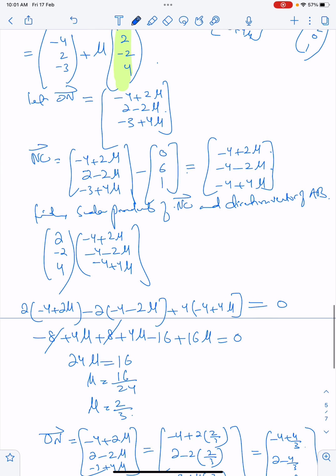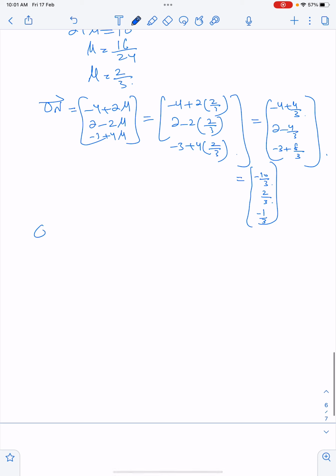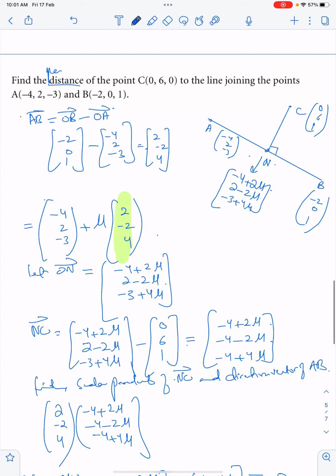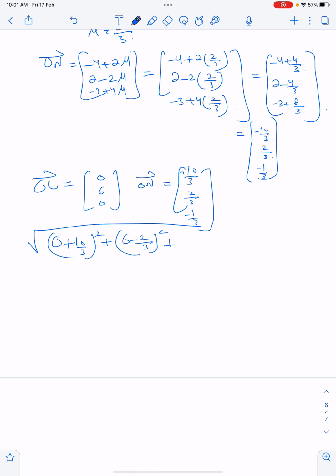Okay, so this is ON now. I have OC and ON both. I can apply the formula of distance. OC is given to me as (0, 6, 0). Okay, let's apply the formula of distance. 0 plus 10 upon 3, the whole square, plus 6 minus 2 upon 3, the whole square, plus 0 minus -1 upon 3, that means 0 plus 1 upon 3, the whole square.